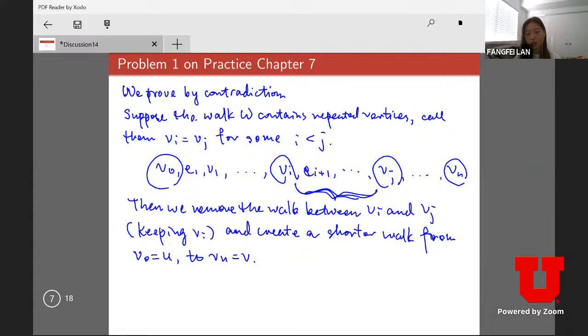We claimed that W is the shortest possible one, and we just found a shorter walk. So there's the contradiction.